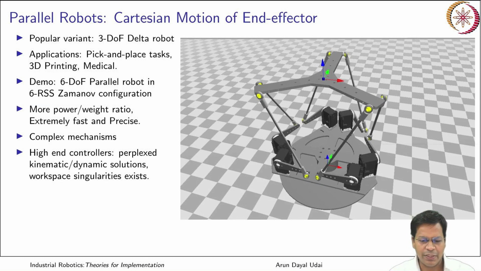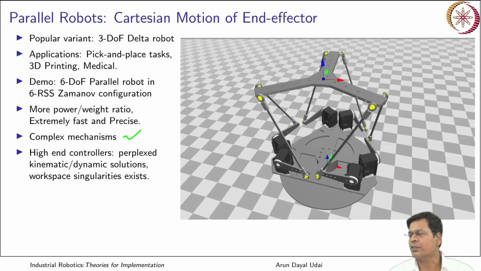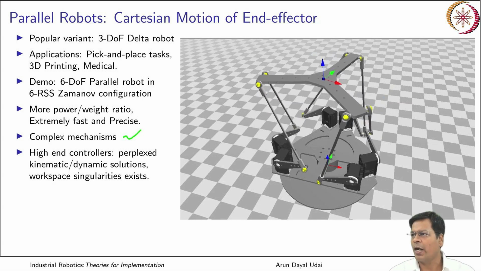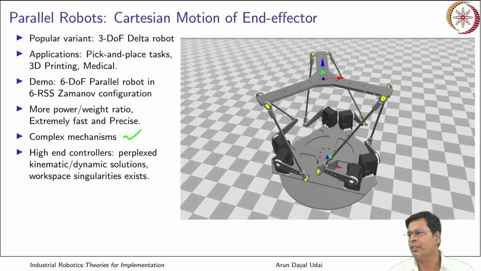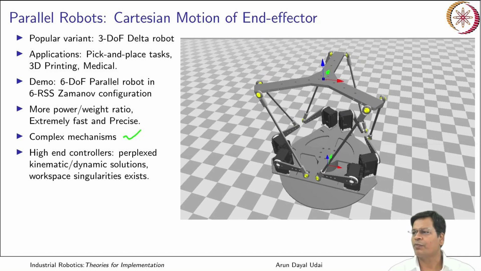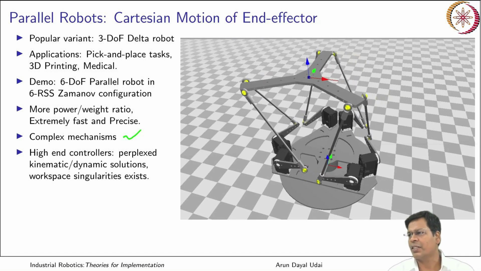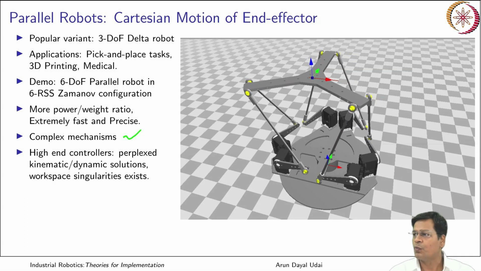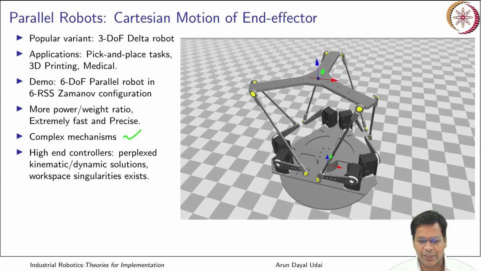They have a very good power to weight ratio, but they are very complex. Solving the mathematics of this is not trivial. High-end controllers are required because of the complex kinematics and dynamic solution, and workspace singularities exist.